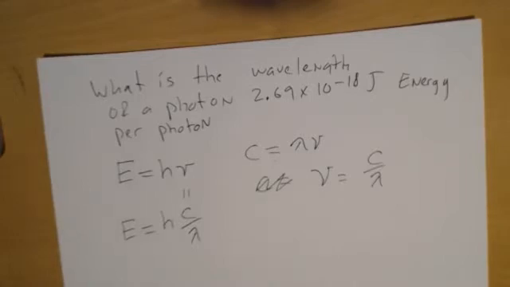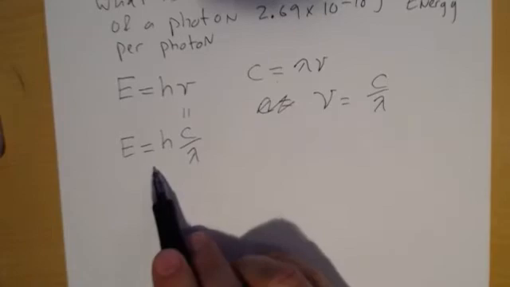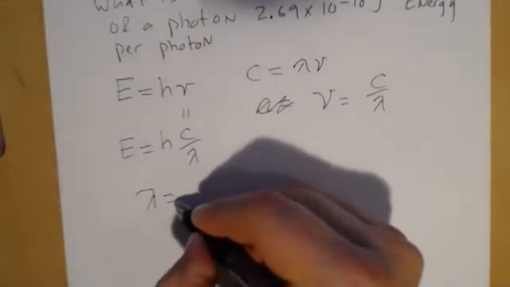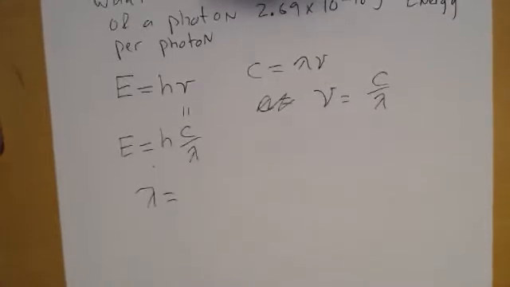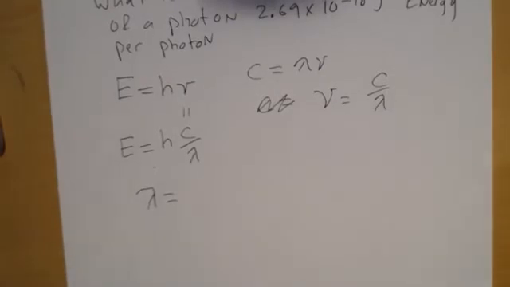Okay. So what I'm going to do is let's take this expression and let's rearrange it to solve for lambda. What's lambda equal to? If E is equal to hc over lambda, let's isolate lambda in the numerator. Anybody? No? So here, I'll start working. E over hc?